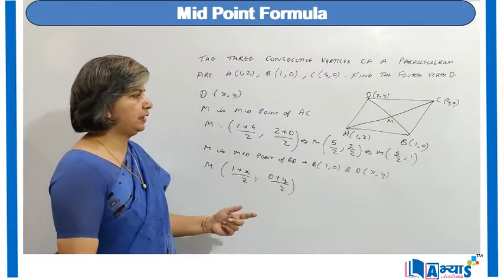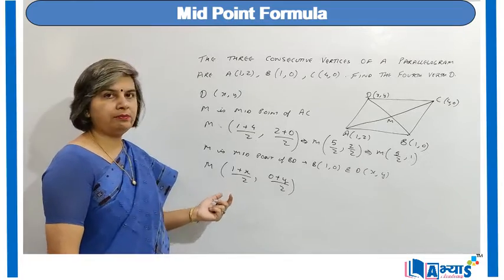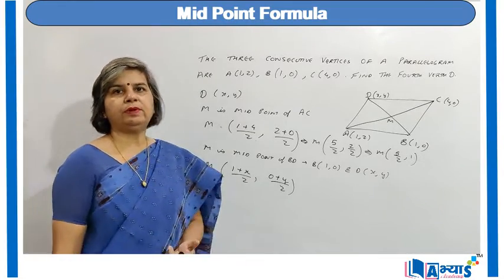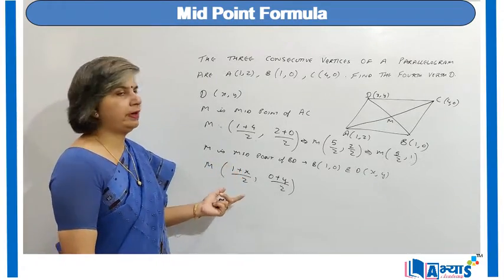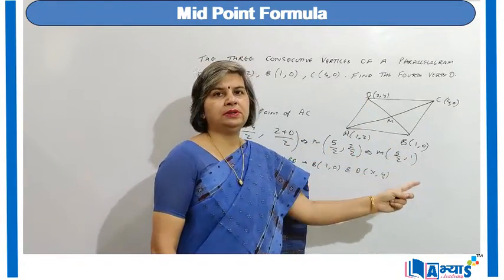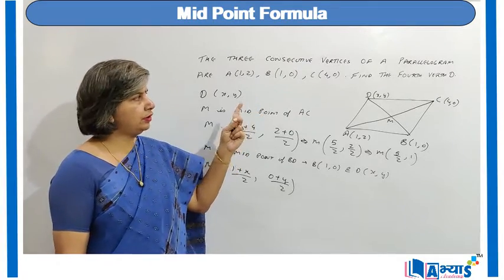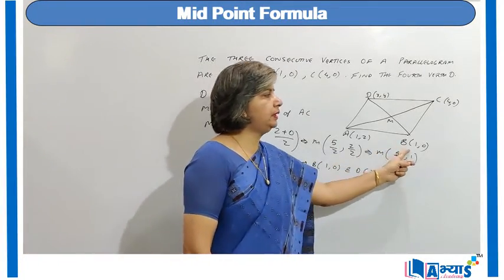That means we have taken B and D as the endpoints and found the coordinates of M. We know that whenever we are supposed to find the coordinates of the midpoint, we find the sum of the x coordinates of the endpoints, that means x coordinate of D and x coordinate of B, divided by 2.